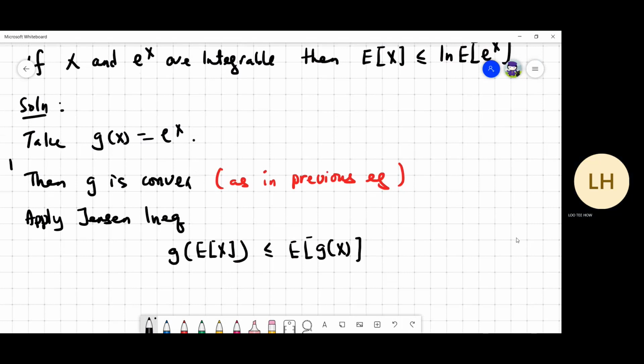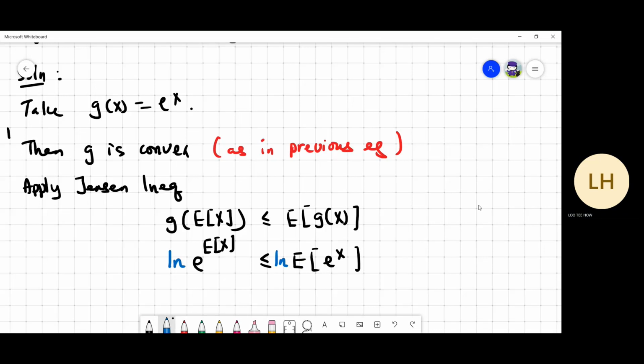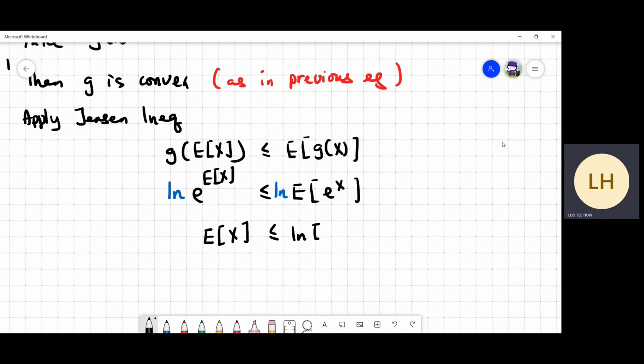So therefore this becomes e^(E[X]) less than or equal to E[e^X]. Now we can take ln on both sides. Then E[X] will be less than or equal to ln of E[e^X]. So this is how we get this inequality.